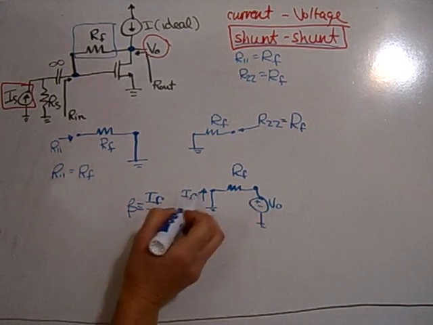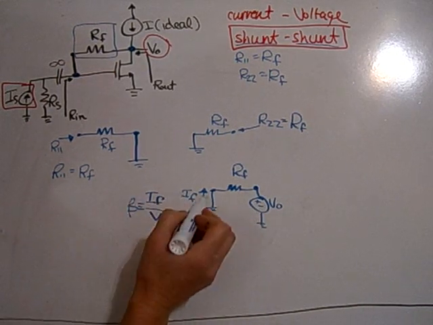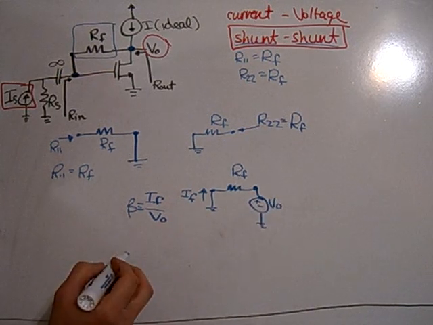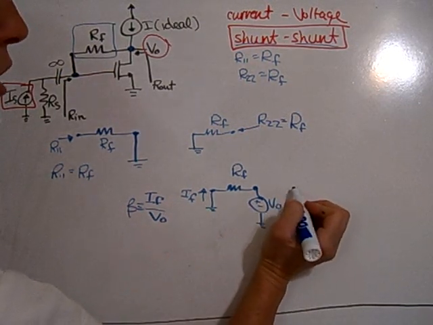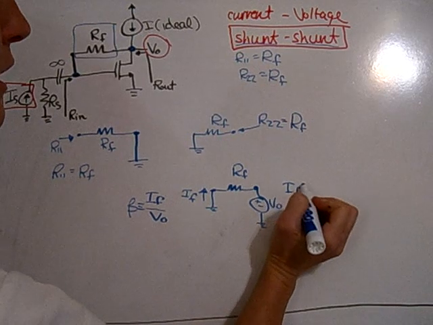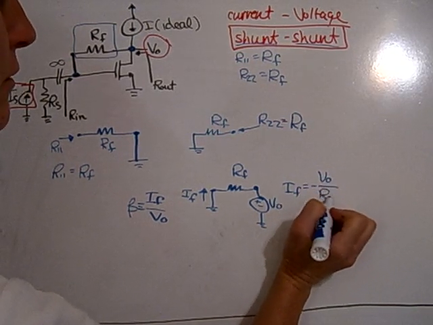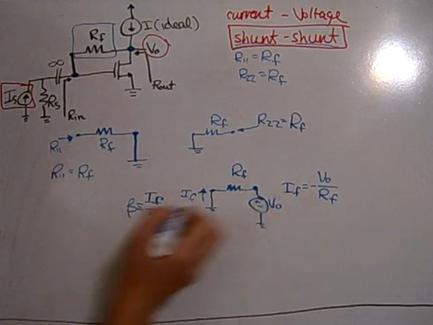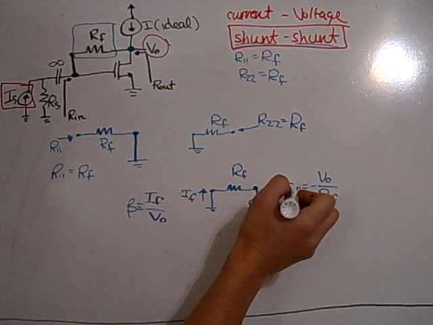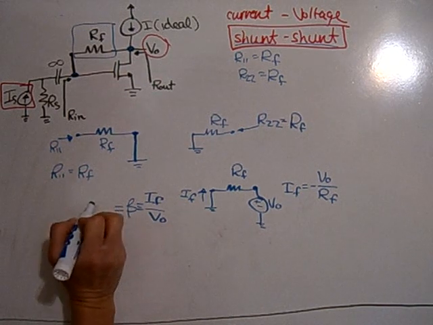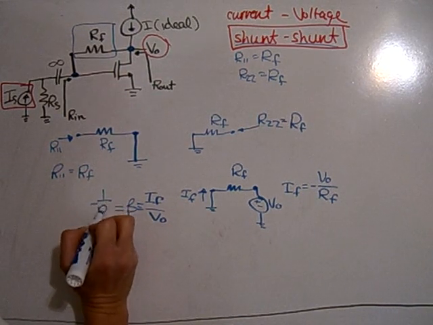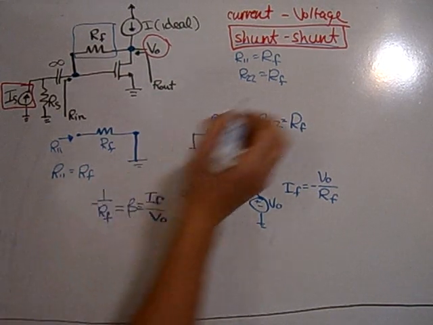So putting IF in terms of V0, it's going in this direction, so it's negative. So we have IF equal to negative V0 over RF. So to get this in terms of IF over V0, we'll divide, and this ends up being a minus 1 over RF as the value for the feedback.